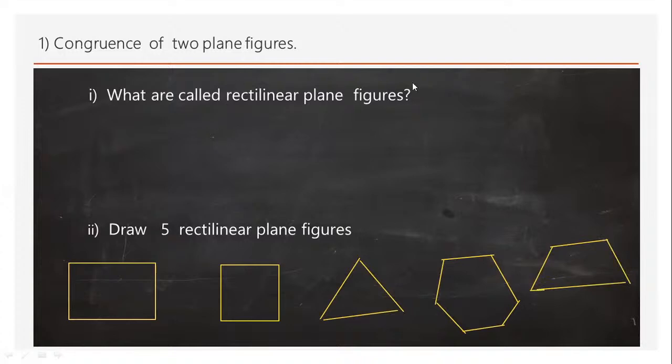Then we'll give a definition for this. What are called rectilinear plane figures?